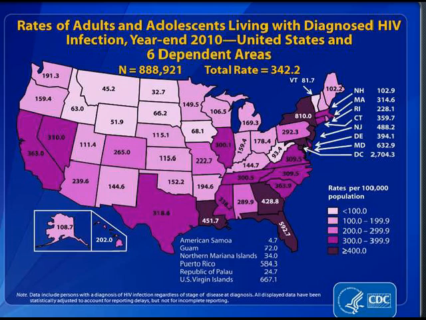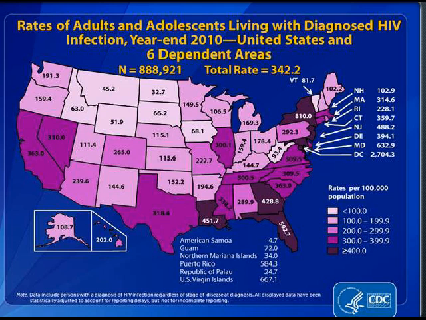Here's a graph looking at those living with HIV. Most patients with HIV, because of effective therapy, don't have AIDS now. So these are those living with HIV, and these are rates per 100,000 individuals. You can pick your state to see what your rate is.